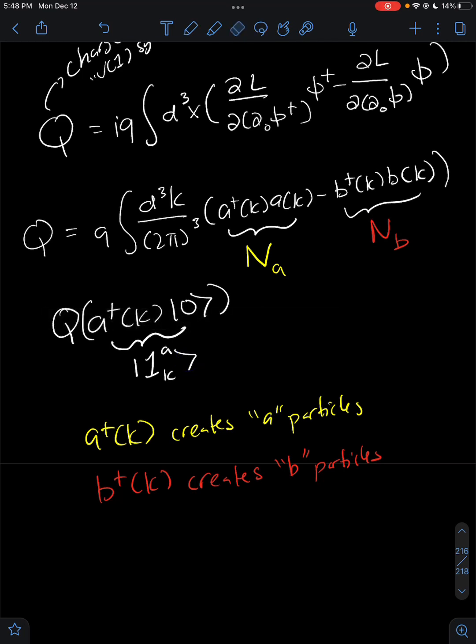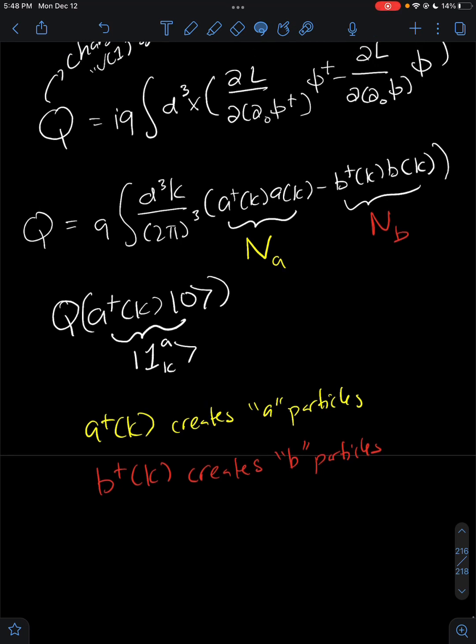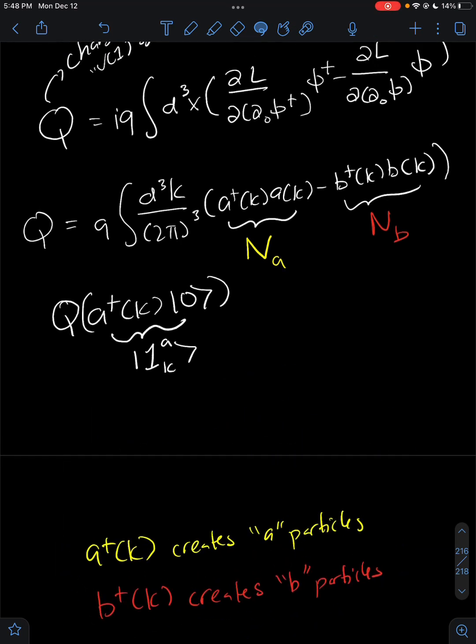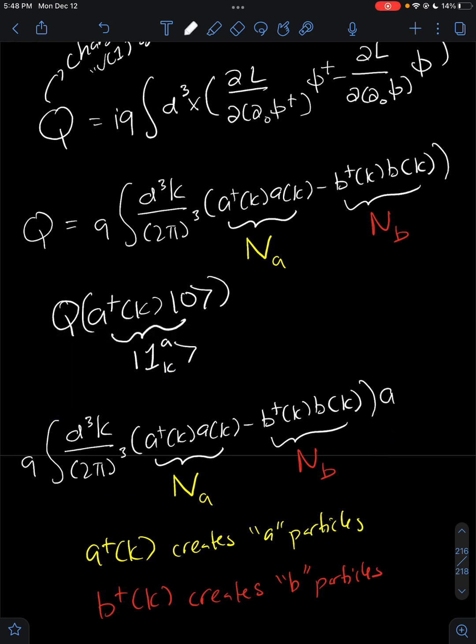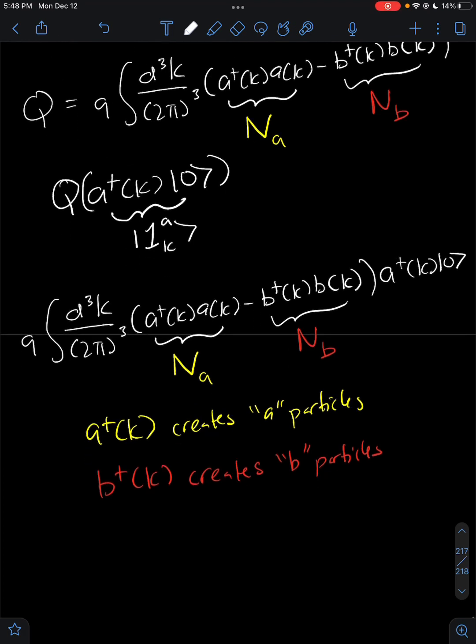So what happens when we have that? Well, we can just find that out by multiplying this entire thing over here by A conjugate k acting on the vacuum state. Now we know that's the same thing as one A particle with momentum k, right?